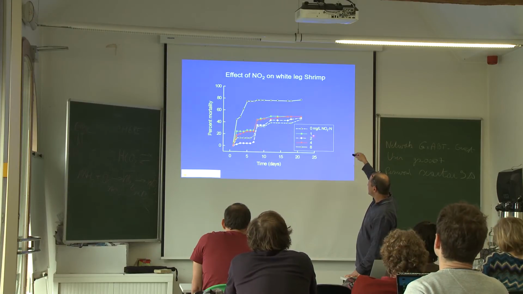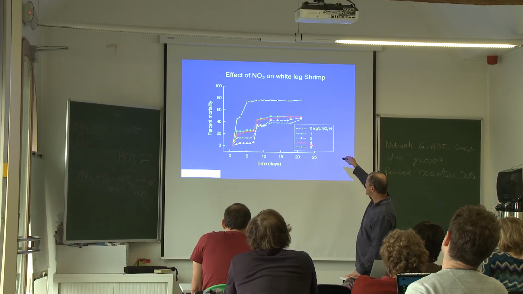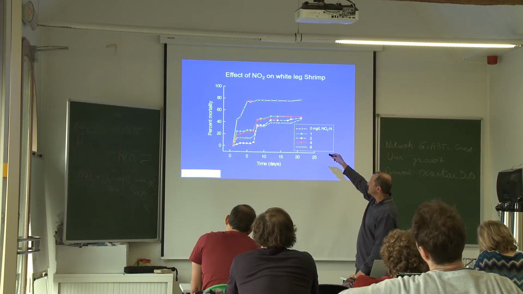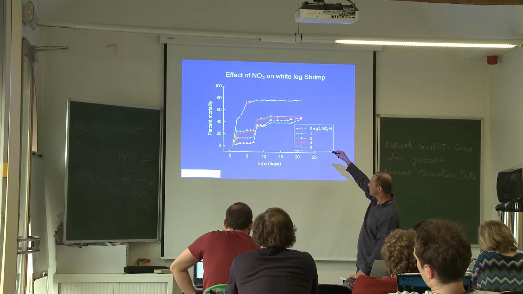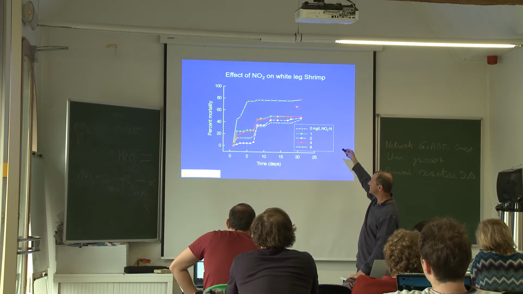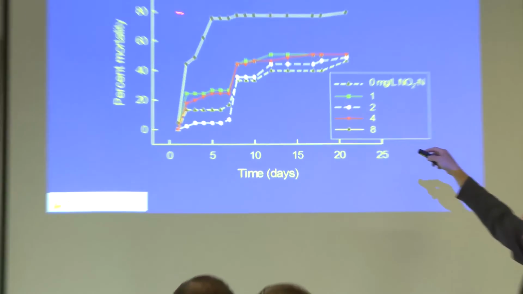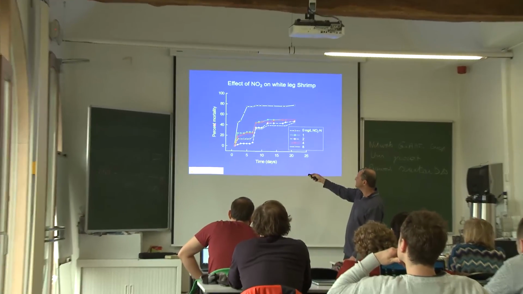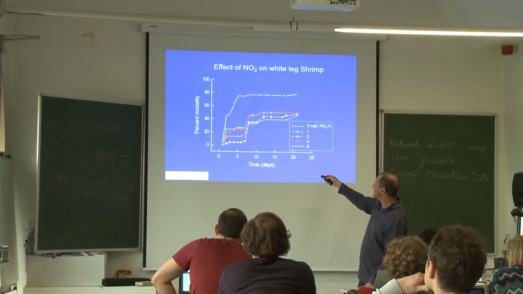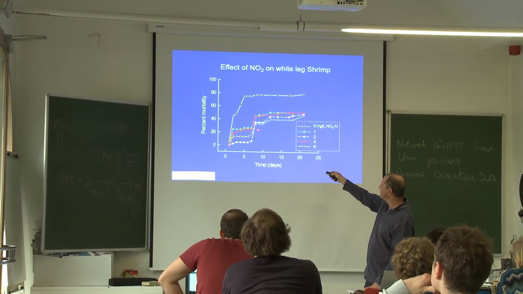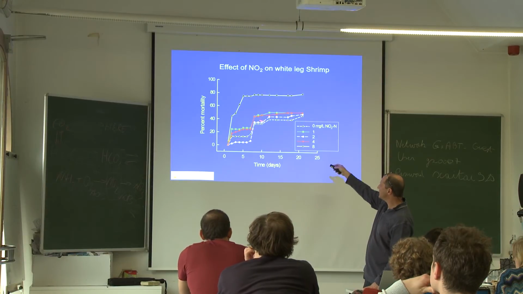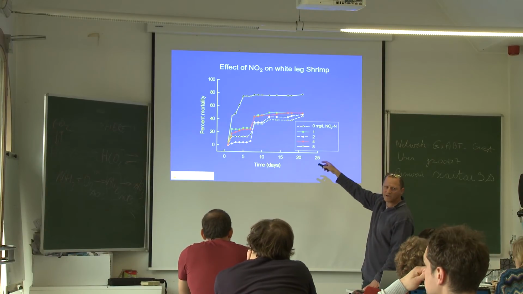So when we grew the shrimp at 8 milligrams per liter, after a couple of days, they all mostly died. So that was definitely toxic. When we grew them at 1, 2, and 4, they pretty much behaved like no nitrite at all in terms of mortality.